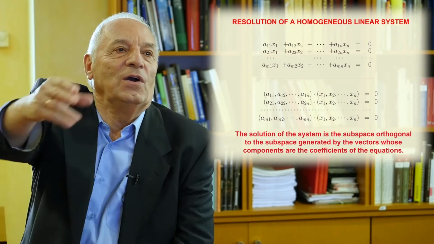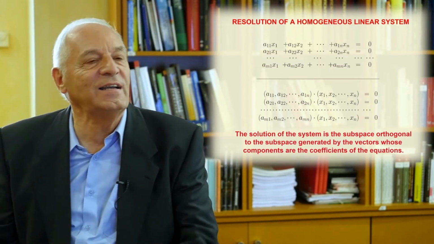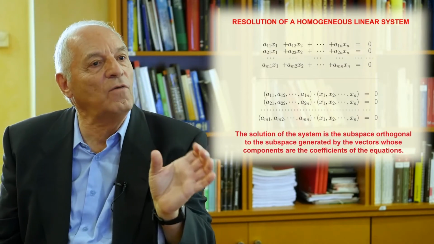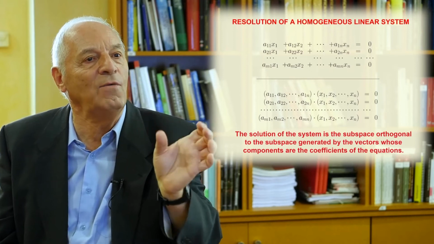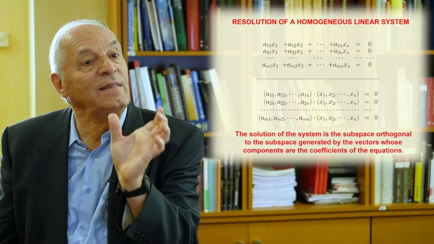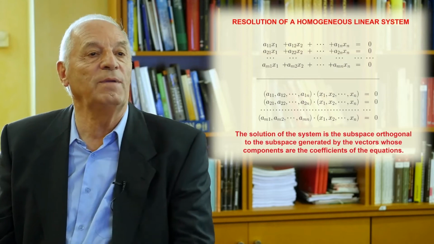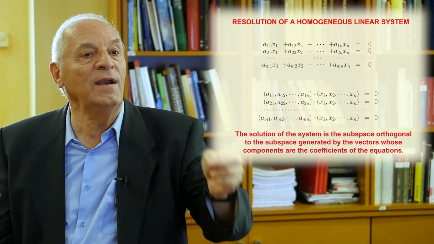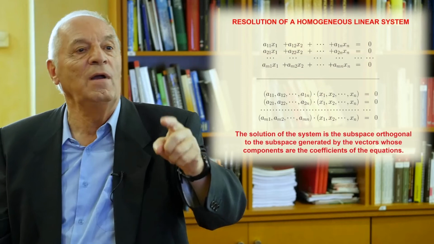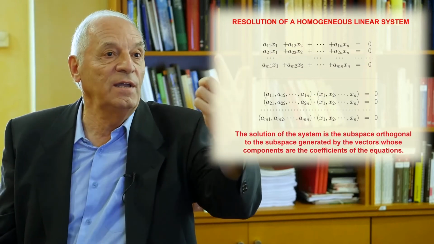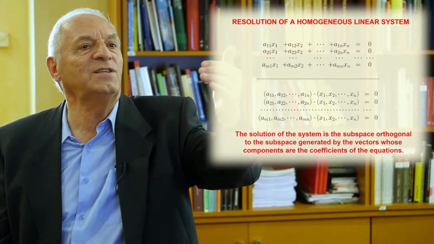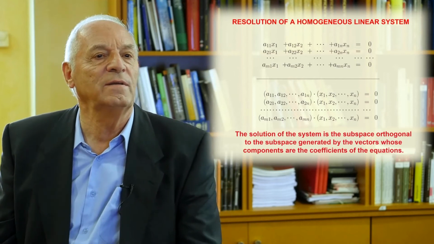Look, the first equation can be written as the dot product of the vector a11, a12, a1n times the vector of unknowns x1, x2, xn equal to 0, because the dot product is a11 x1 plus a12 x2 plus a1n xn, which is the first equation. And we can do the same with all the equations.